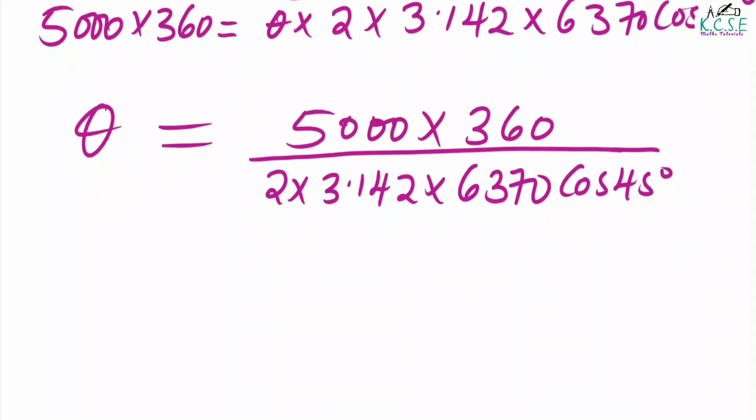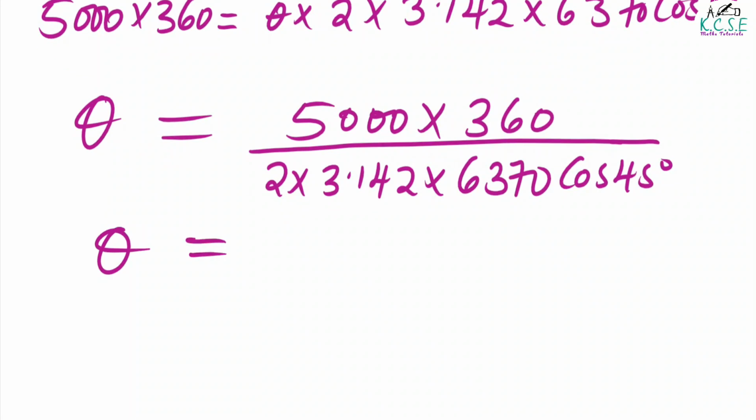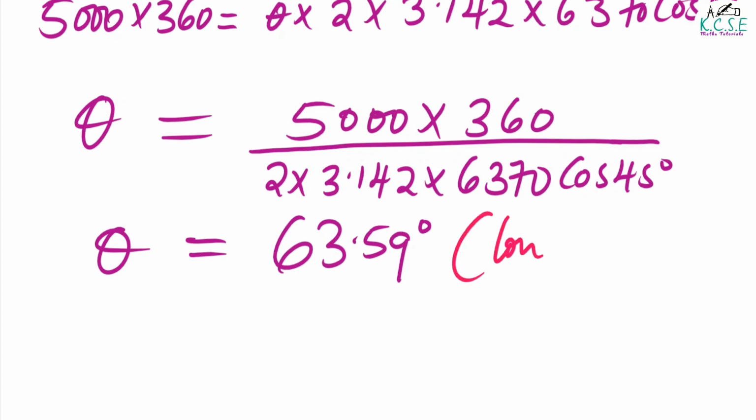Working this out using the calculator, this gives 63.59 degrees. Now remember that this is not the latitude angle, but the longitude difference, which will help us so much in identifying the actual position of S.